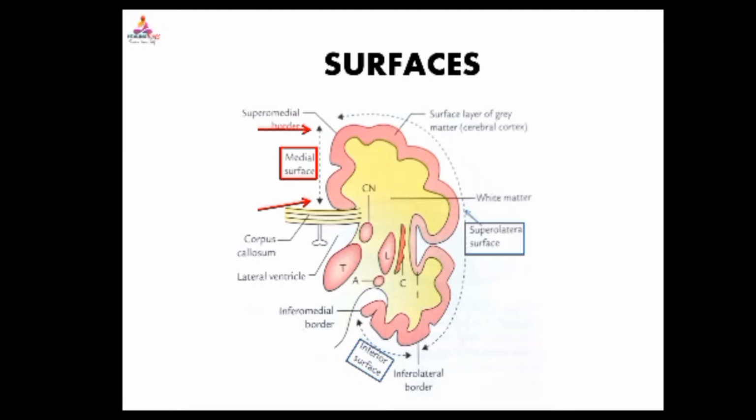Next is the medial surface. The medial surface is flat and vertical. It presents a thick C-shaped cut surface of the corpus callosum. See the picture, the left side red arrow mark is the medial surface.